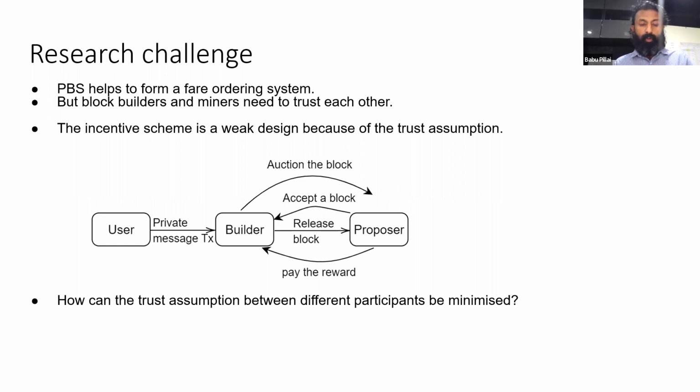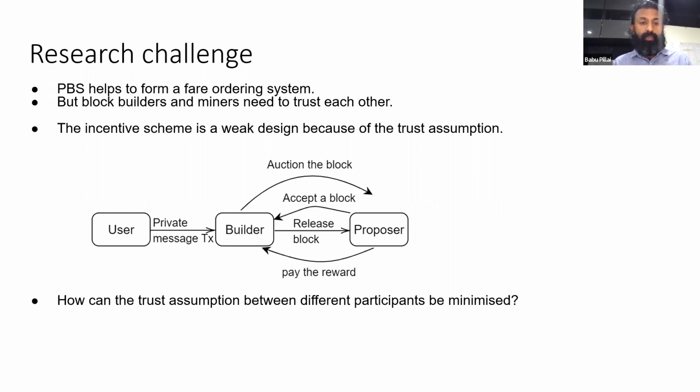In the case where the proposer has got a slot, say the next slot, and a builder approaches the proposer saying that he has a block, and the proposer says, look, I'm going to take this block. Now the builder has to release the block very quickly, because the proposal slot is coming very quickly.